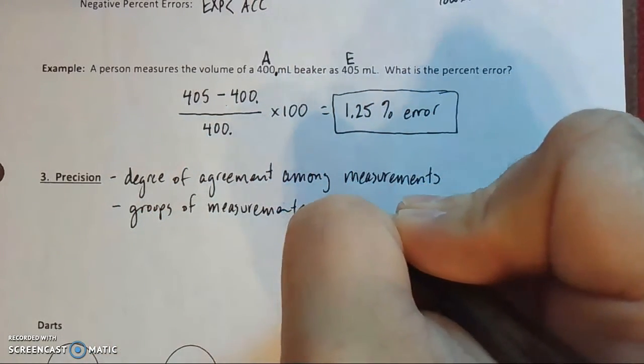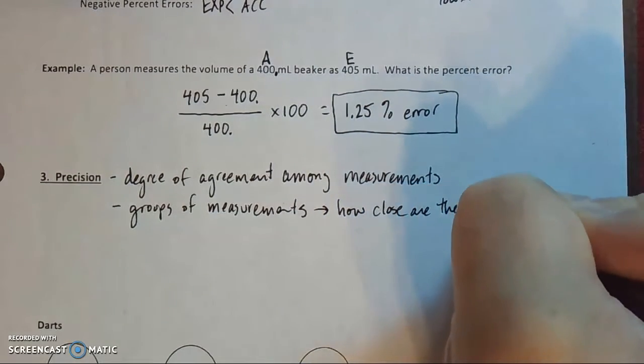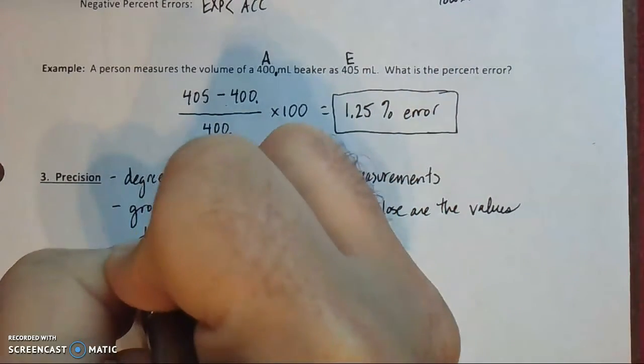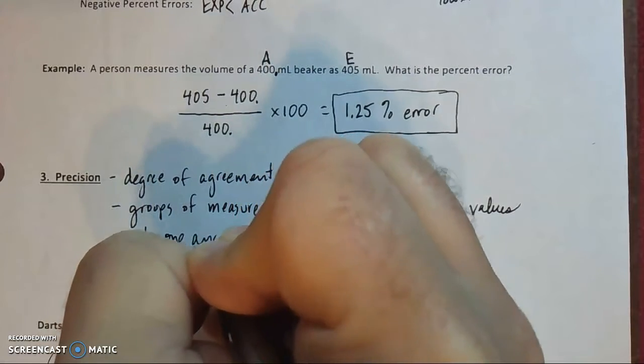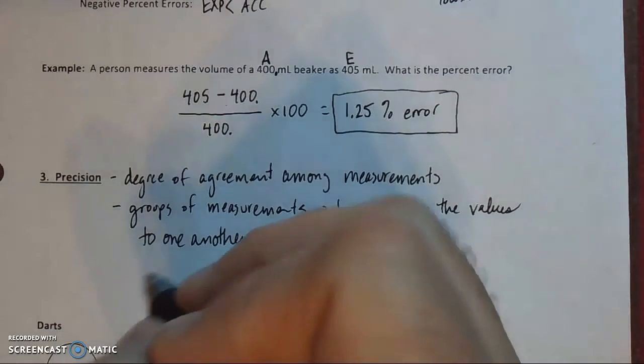And how close are the values to one another? So we use this based on groups of measurements, and you're given like a plus or minus and a range of values that the majority of the values fall in.